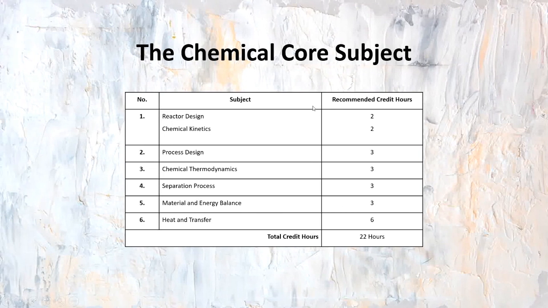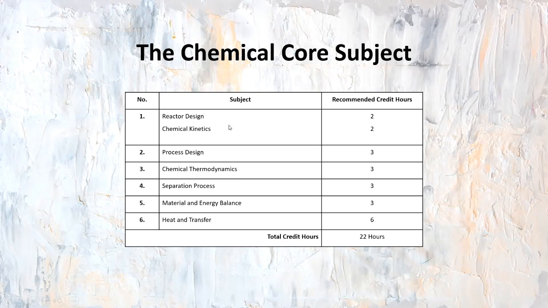The table here shows the required course subjects for chemical engineering that must be taken for registration as a graduate engineer. As you can see here, there is also information regarding the subject and also the recommended credit hours for each subject.